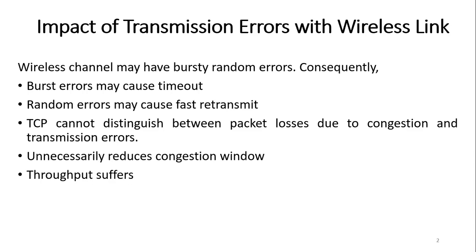But on a wireless link, it is more likely that a packet has been dropped because of a poor link instead of any network congestion. There can also be some sudden interference which causes burst errors.